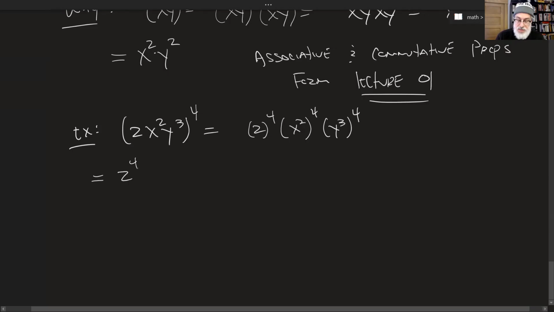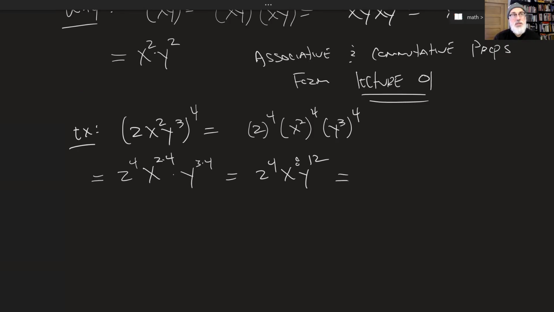Now I'm just going to leave that as 2 to the 4th. Now the rule says I take x squared to the 4th, which is our previous rule that says now I multiply those two exponents. Same with y to the 3rd to the 4th. I multiply those. So we get 2 to the 4th times x to the 8th times y to the 12th. And 2 to the 4th we can evaluate. 2 to the 4th is 2 times 2 times 2 times 2, which is 16.